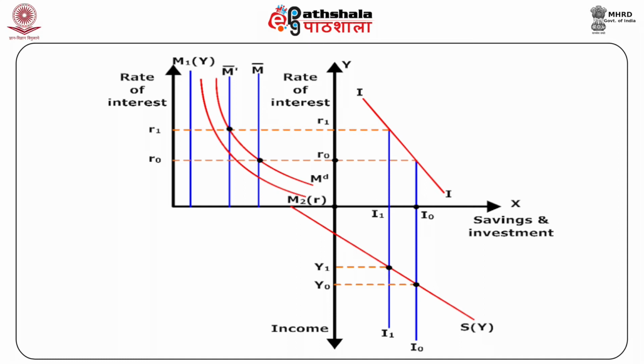This way, there is a chain reaction. We start from the product market, go to the money market, this affects the rate of interest, go to the capital market, this again affects the level of income. Once back we come to the money market, this again affects the rate of interest, and this whole chain is endless.